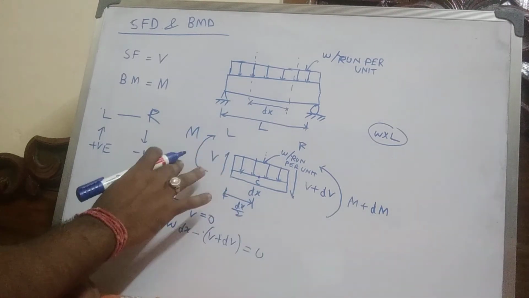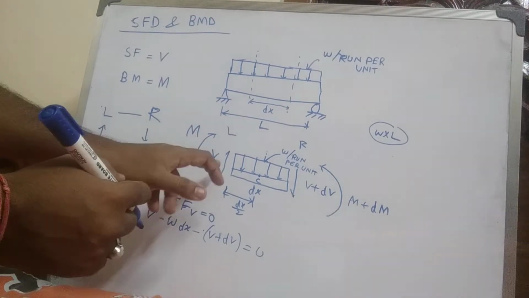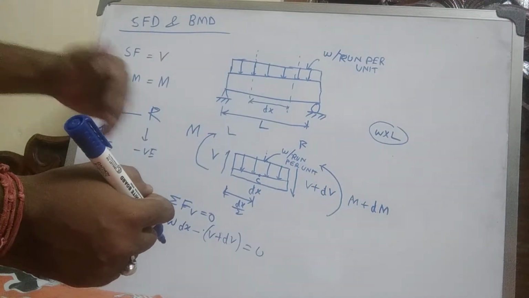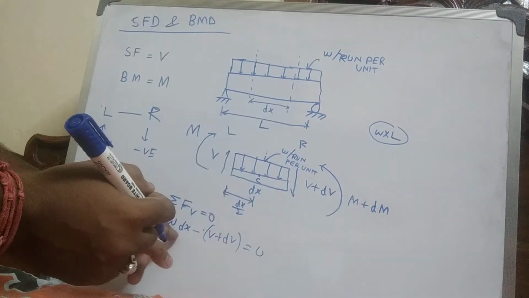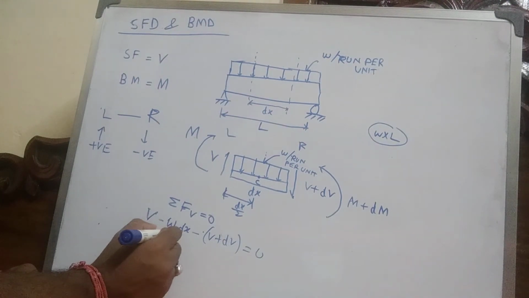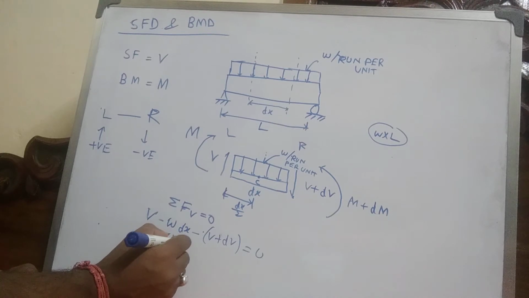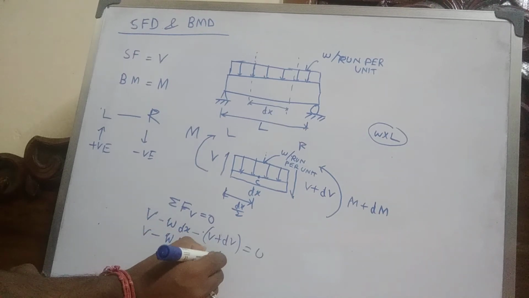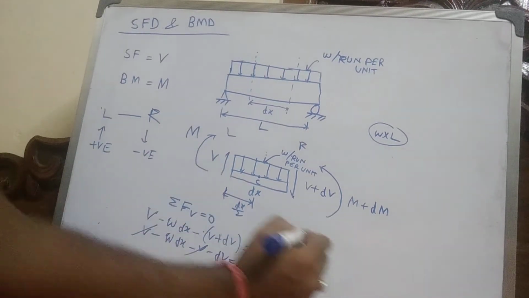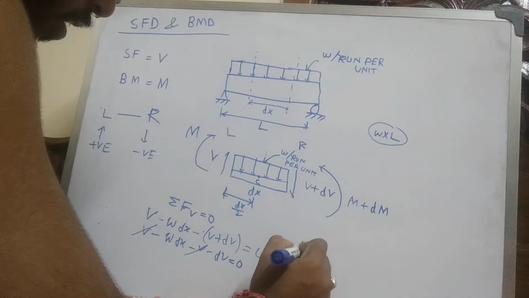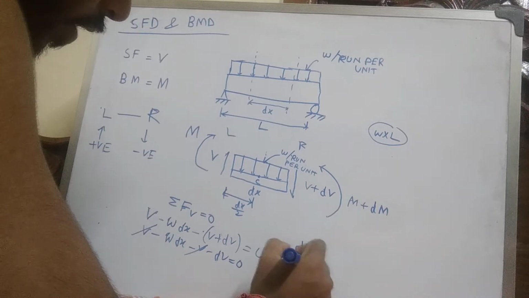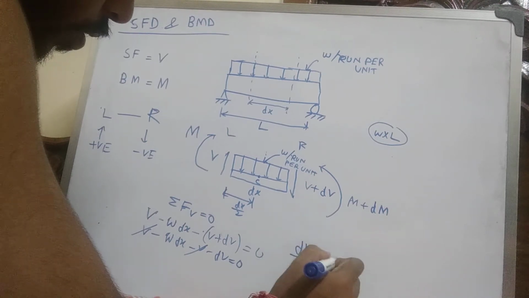The V terms cancel, and from the equation we get dV by dx equal to minus w.